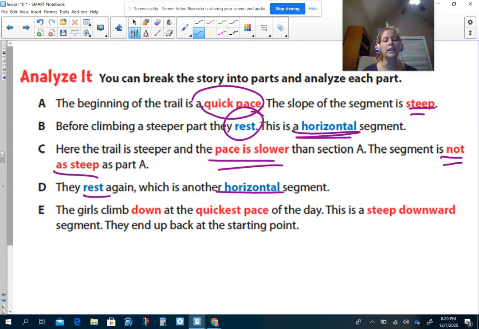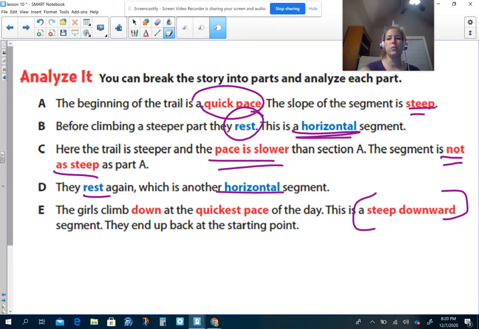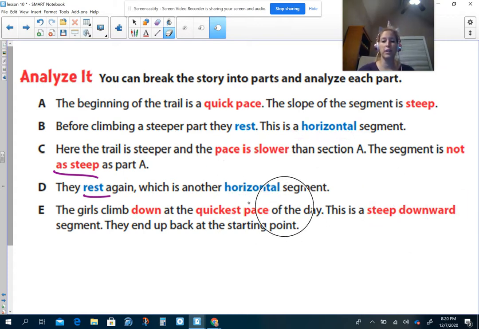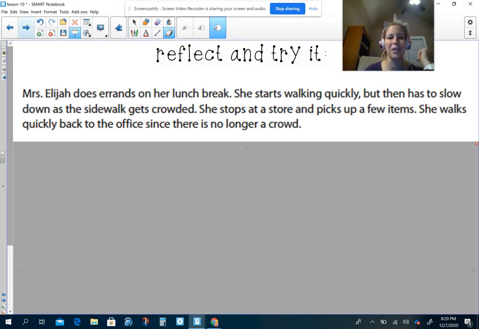And then finally E, we're climbing down at a quicker rate, so that's going to make the steep downward segment back down to the starting point. So if you followed me with your notes in your lesson book, that's how this all pans out. Okay, so now we're going to try another one.